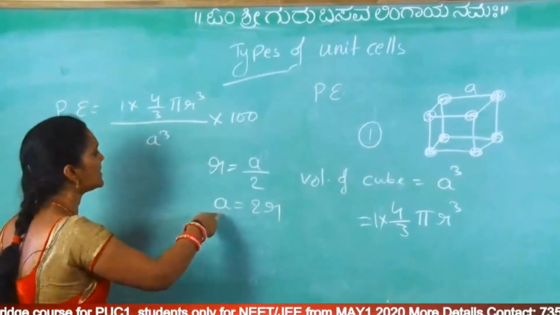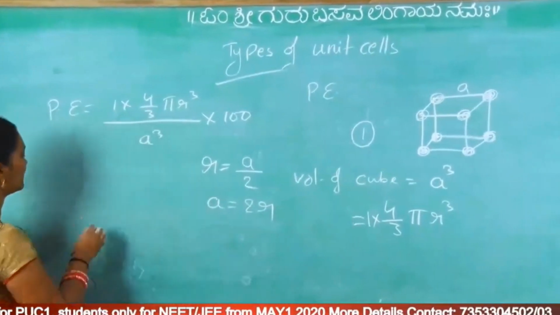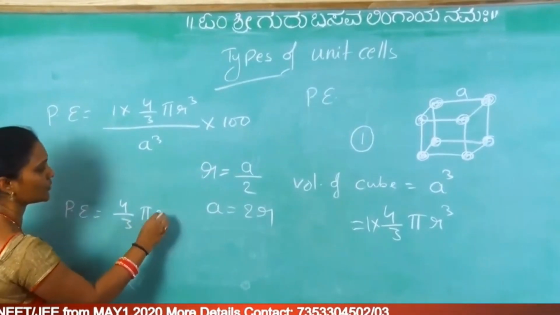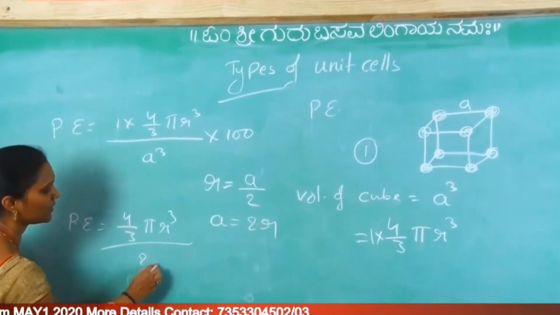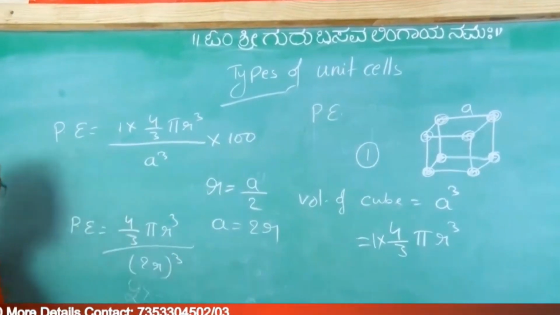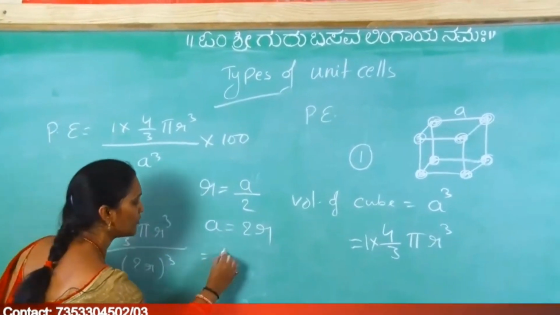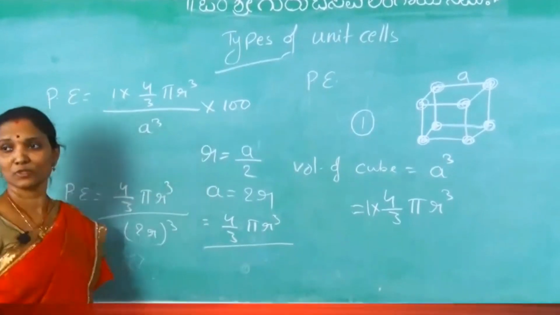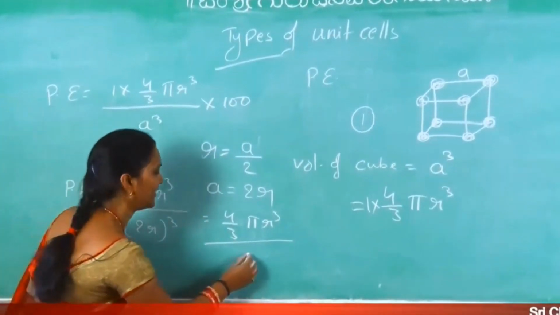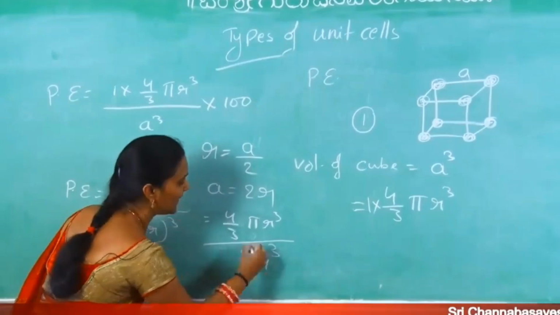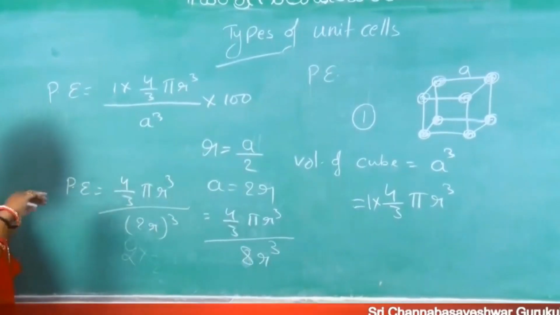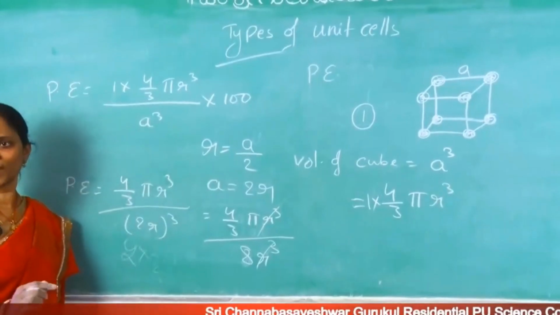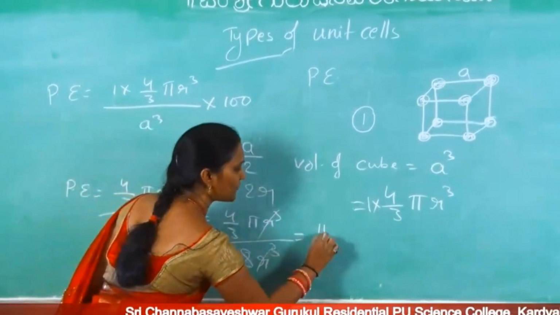Substitute this a. Now packing efficiency is equal to 4 by 3 pi r cube by (2r) whole cube, which is 8 r cube. Then 4 by 3 by 8 gives pi by 6.